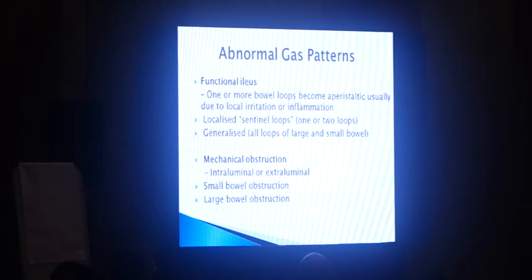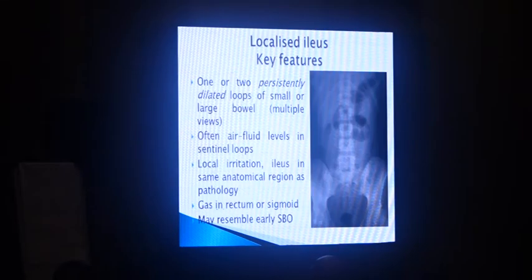But in localized ileus, particularly if the patient is having pancreatitis, cholecystitis or appendicitis, we are going to see 1 or 2 loops localized to that particular organ. These loops are called sentinel loops. And mechanical obstruction could be intraluminal as well as extraluminal, which can produce small bowel obstruction as well as large bowel obstruction.